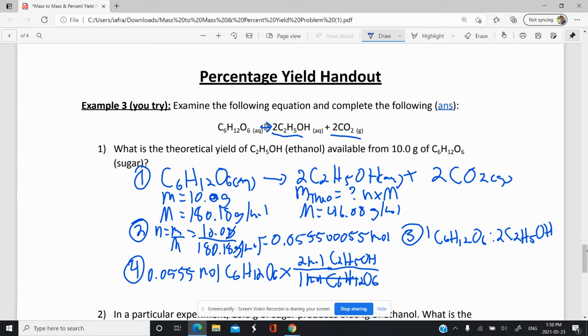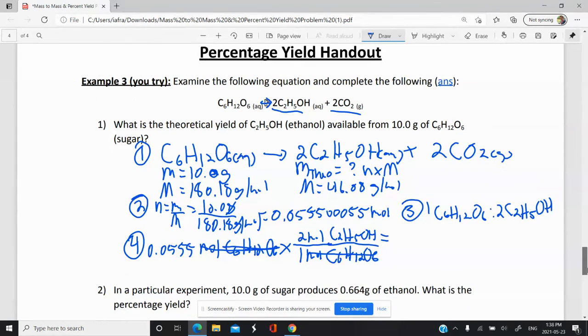We can cancel out the moles of glucose there, and we're left with moles of ethanol, so times 2. And again, I left all the digits in my calculator, and so we get 0.111000111 moles of the ethanol.